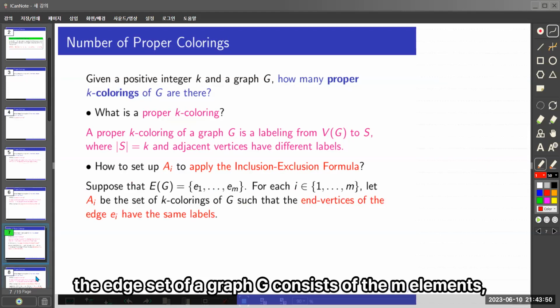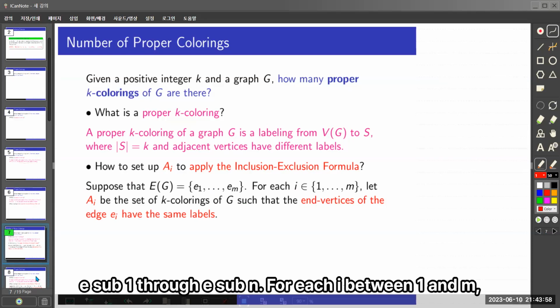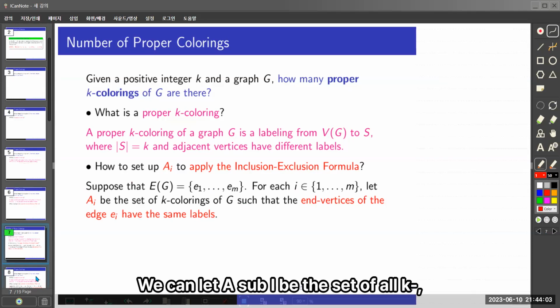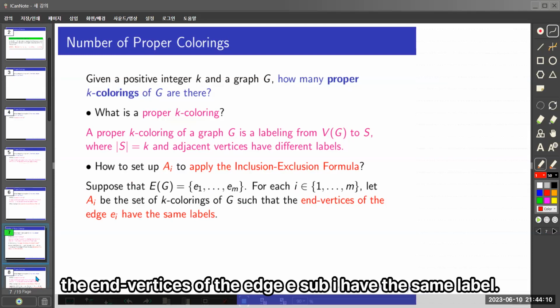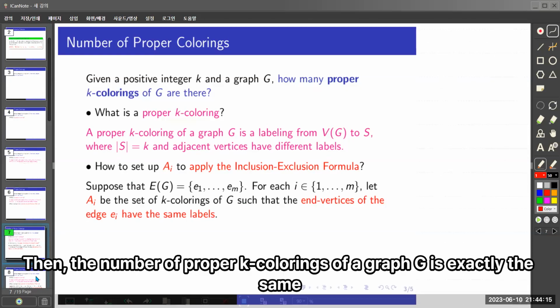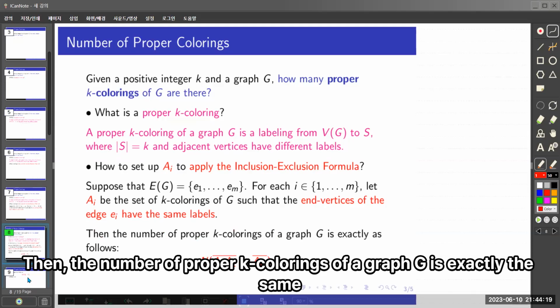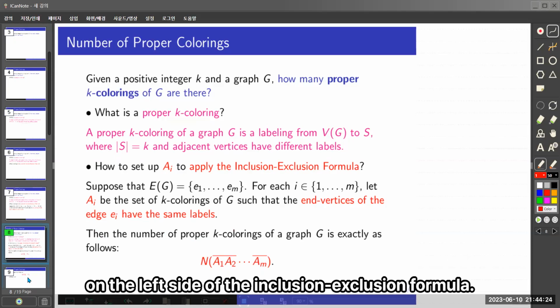Suppose that the edge set of graph G consists of the m elements e_1 through e_m. For each i between 1 and m, we can let A_i be the set of all k-colorings of graph G such that the end vertices of the edge e_i have the same label.